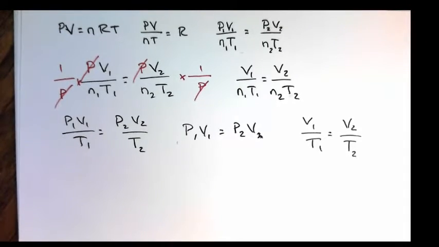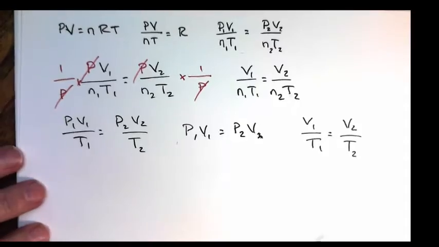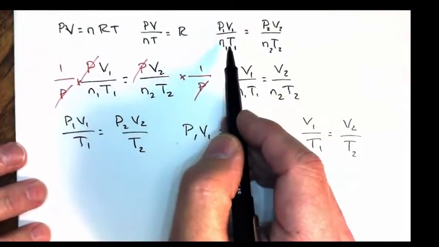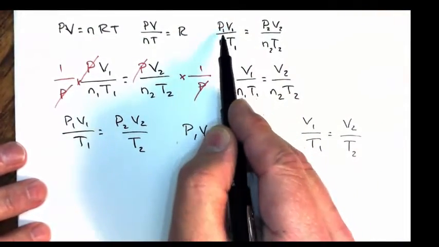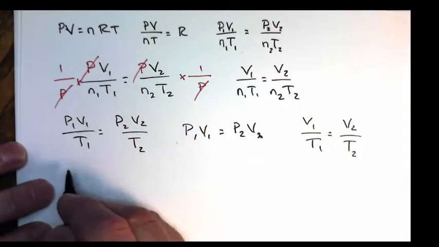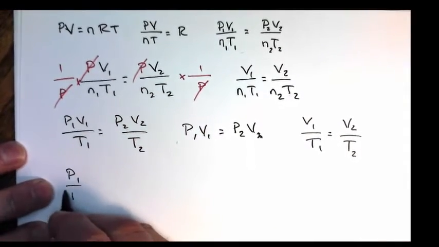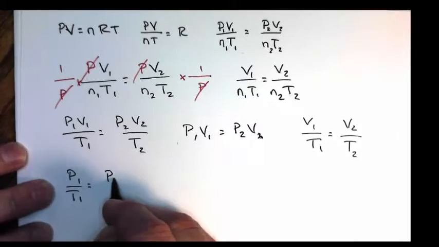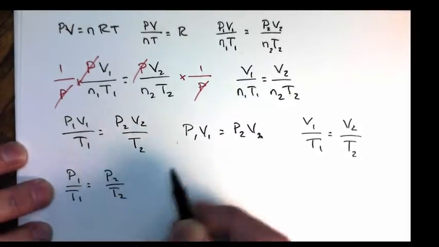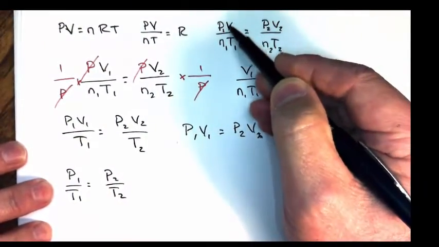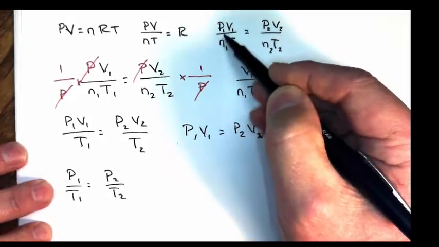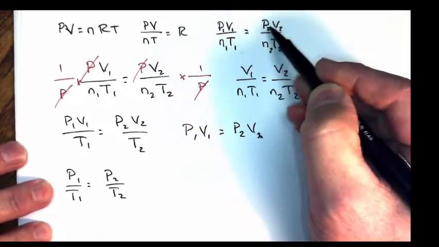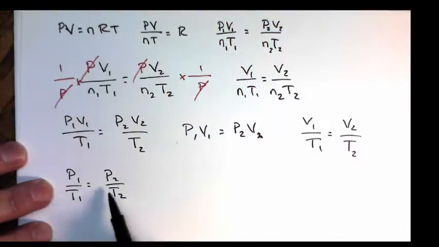Sometimes in some chemistry classes you have to name Gay-Lussac's law, but it may not be required in some classes. You get Gay-Lussac's law from all of this if volume and the number of moles don't change, in which case you get P1 over T1 equals P2 over T2. So since the volume of the gas and the number of moles didn't change, you're just left with P1 over T1 and P2 over T2.